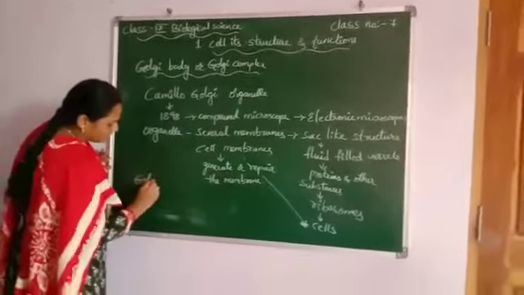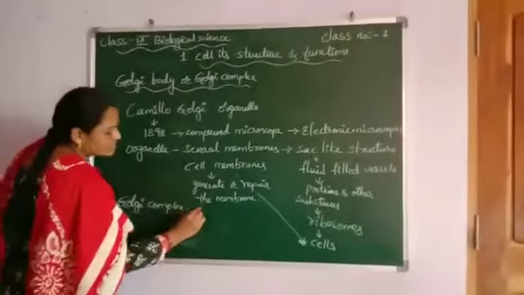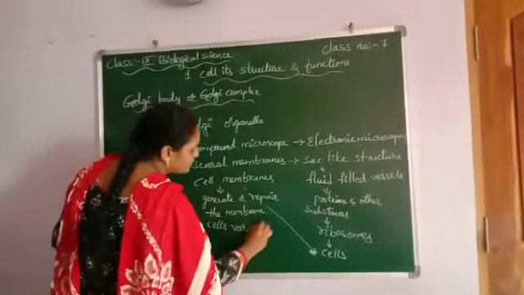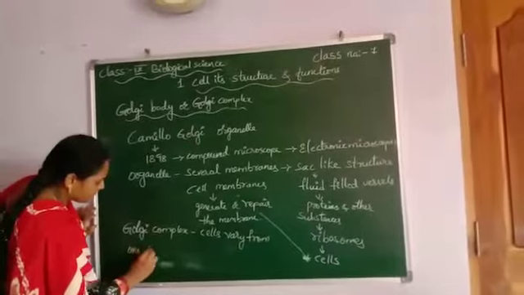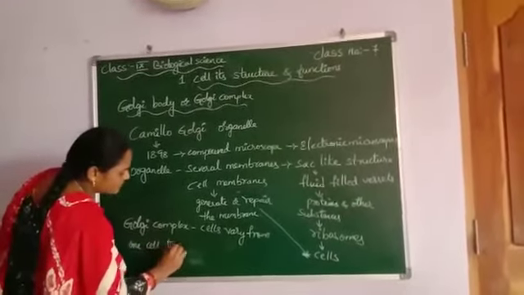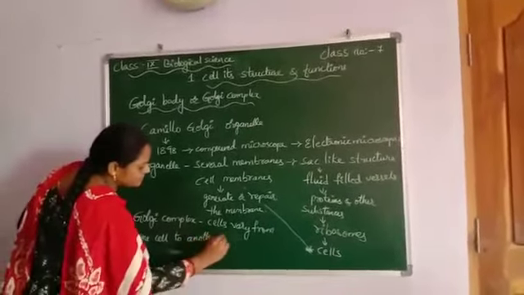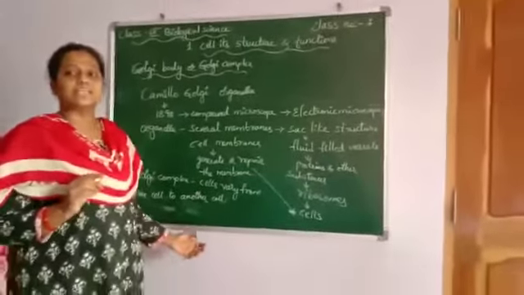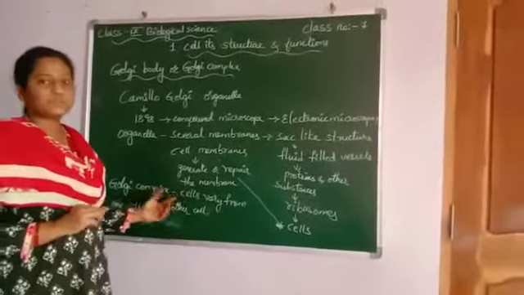Some cells secrete hormones and enzymes, so the size also varies.